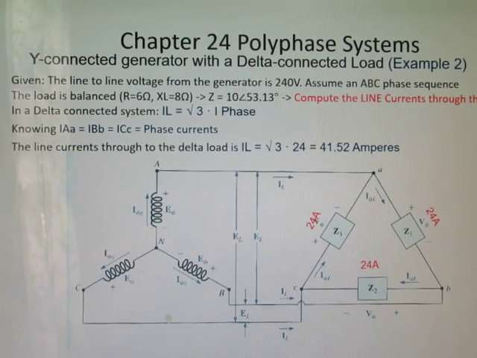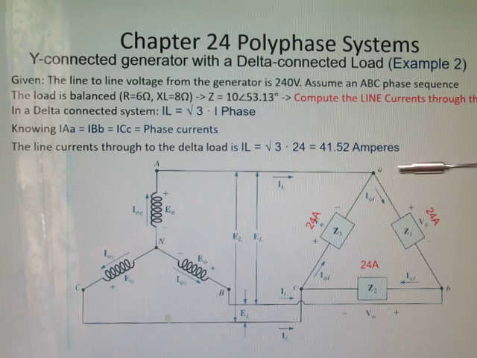Next we want to compute the line current in the delta load. We understand that in this balanced load, the line currents are equal in magnitude, and the line current in the delta load is the square root of 3 times the phase current. We computed the phase current at 24 amps.